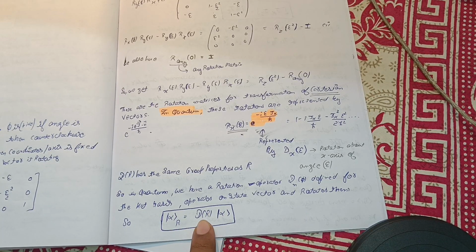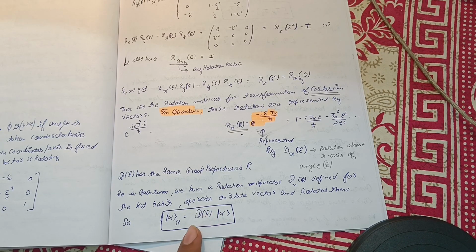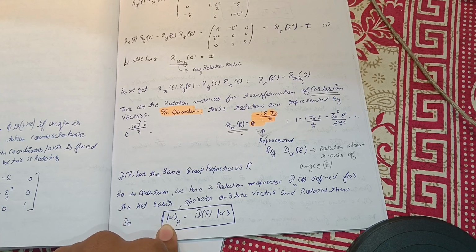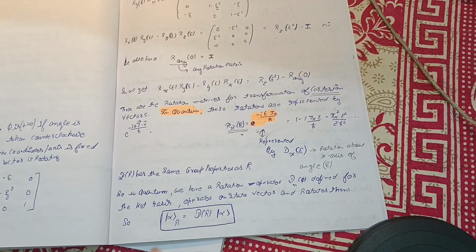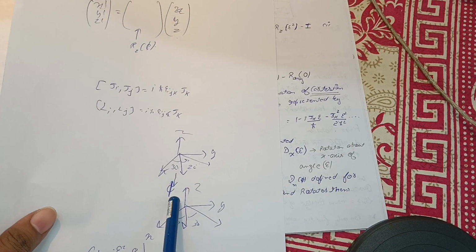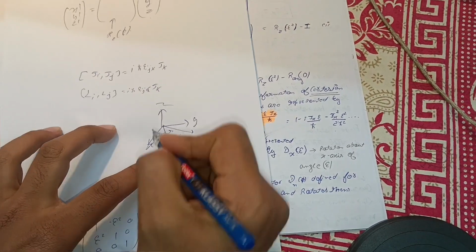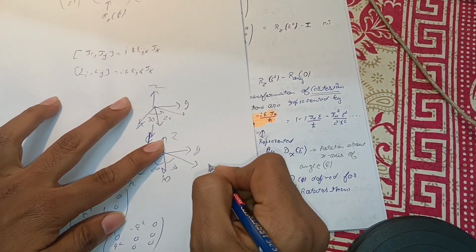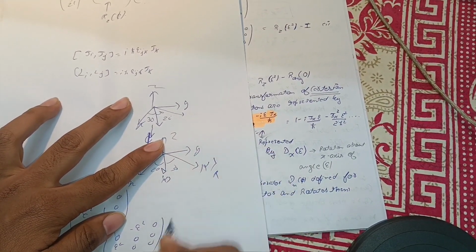You are doing rotation of a ket vector by some angle r, and you are getting a new alpha which is rotated by an angle r. Okay, it's nothing but like a rotation of a vector. You can say this is alpha, and this is your alpha r.